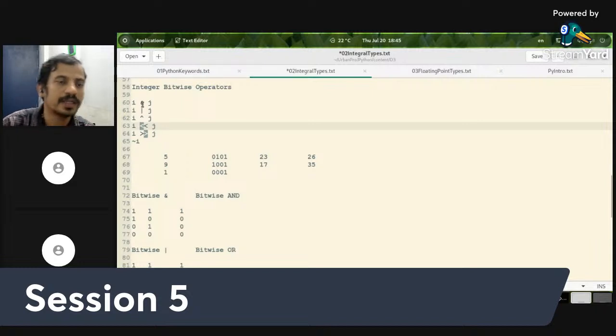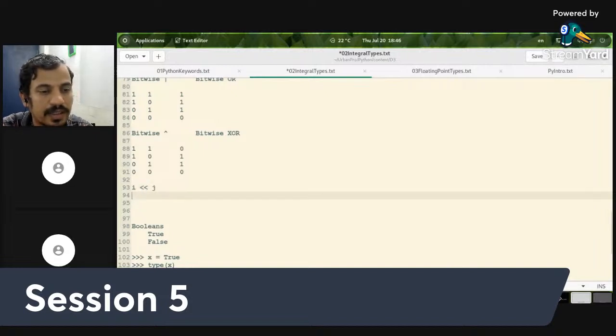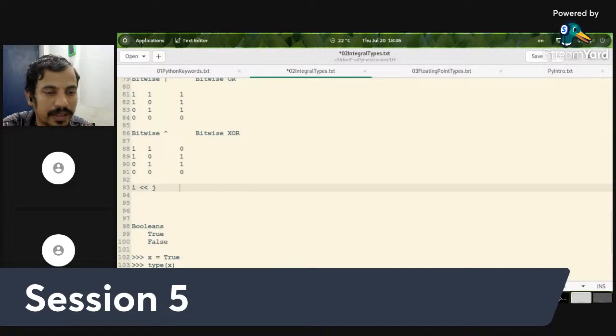We are applying bitwise AND on I and J. But in case of left shift and right shift, if I say I left shift J, it should be read as shift I by J positions to the left.